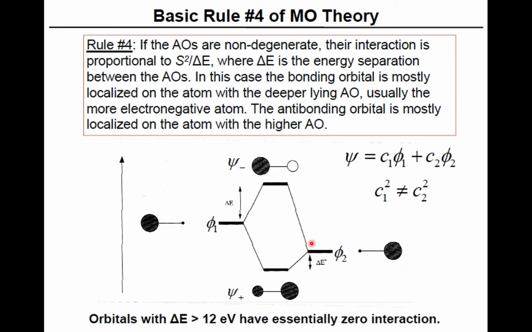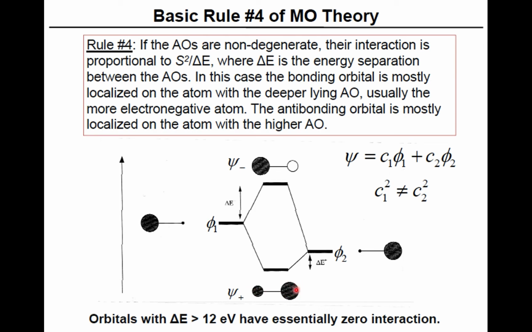But the big thing that I want to point out here is that the bonding molecular orbital will look more like the lower energy atomic orbital, and the anti-bonding molecular orbital will look more like the higher energy atomic orbital. And that's why we have this swelling of the orbitals in the way that they are.